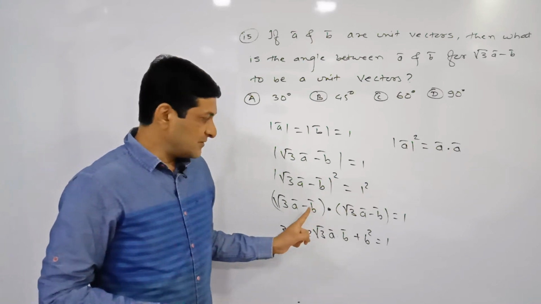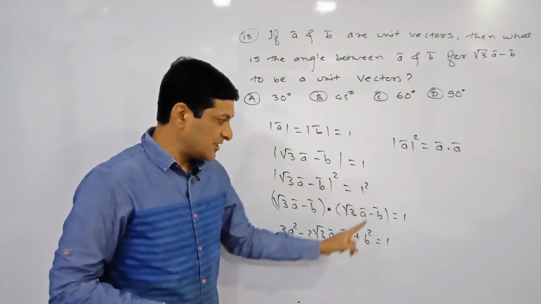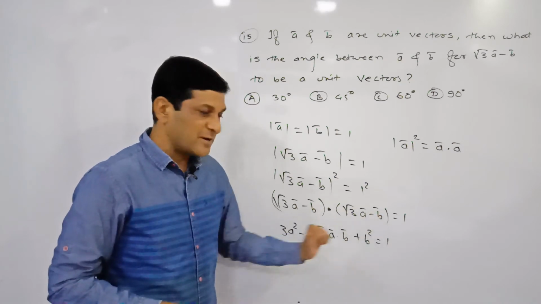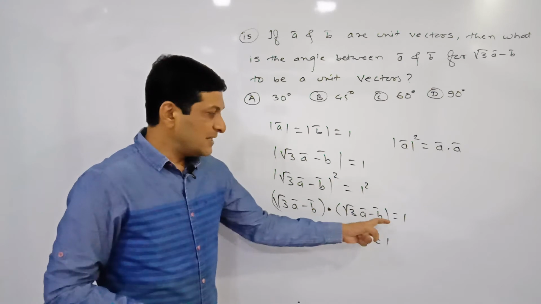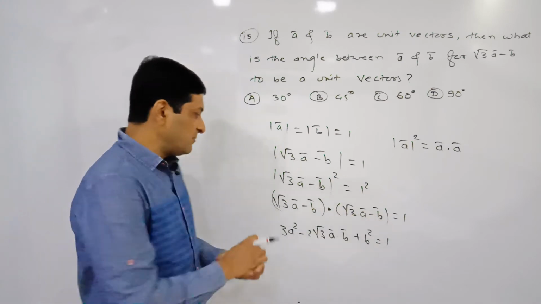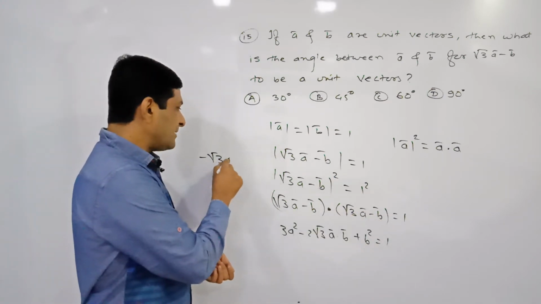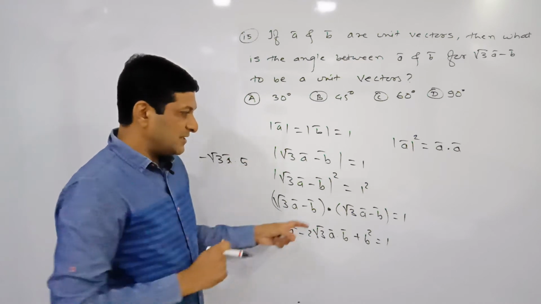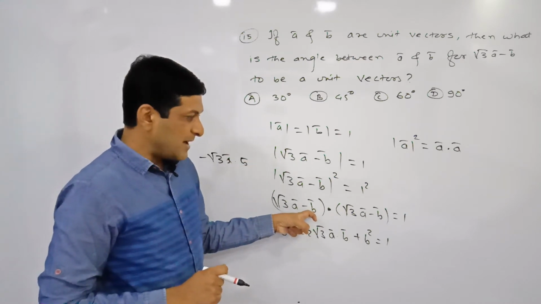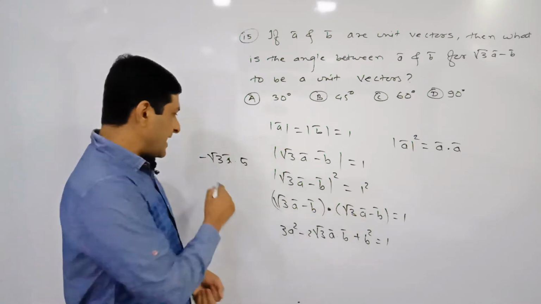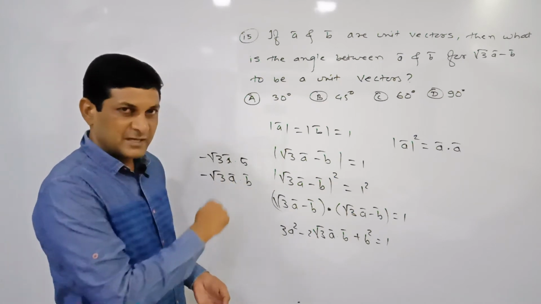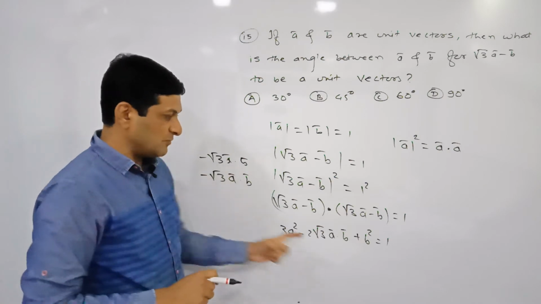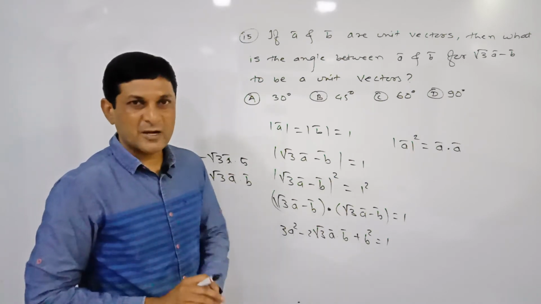Then the last term, minus into minus, will become plus, and B bar dot B bar will be B square. The middle two terms: root 3 A bar dot minus B bar will be minus root 3 A bar dot B bar, and minus B bar dot root 3 A bar will be minus root 3 B bar dot A bar. But B bar dot A bar can be written as A bar dot B bar, and their addition will be twice root 3 A bar dot B bar.